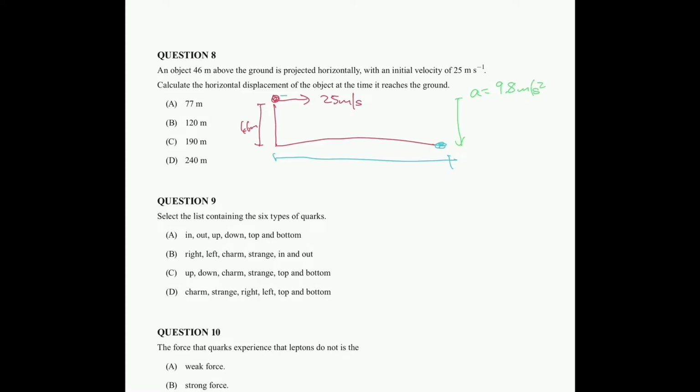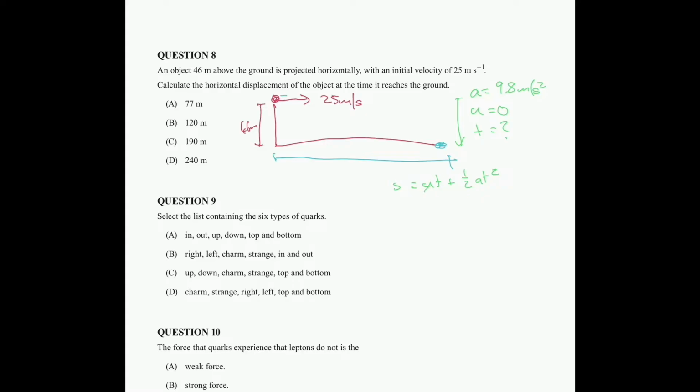There's no initial velocity pointing downwards, so the initial velocity is equal to 0, and we're not too fussed about our final velocity. What we're trying to solve for is time. So the kinematic equation we would look for is our displacement is equal to ut plus 1/2 at squared.